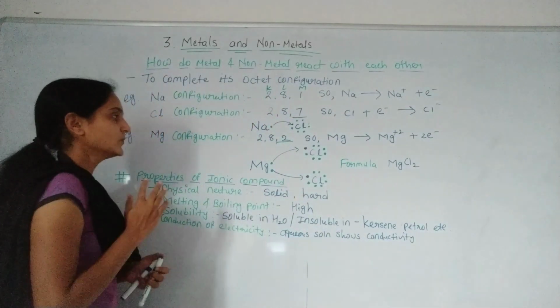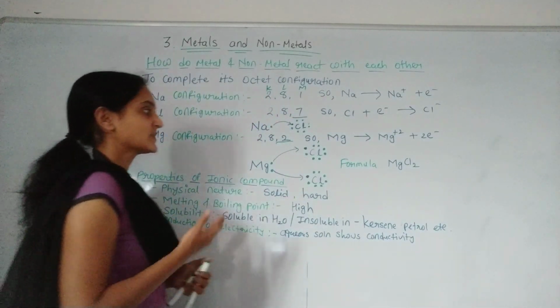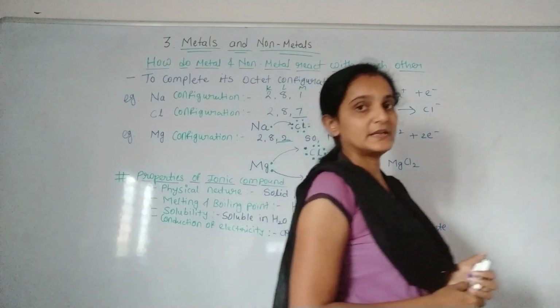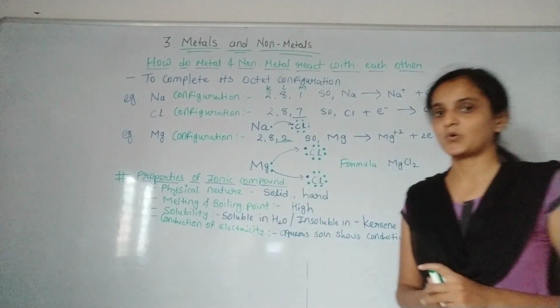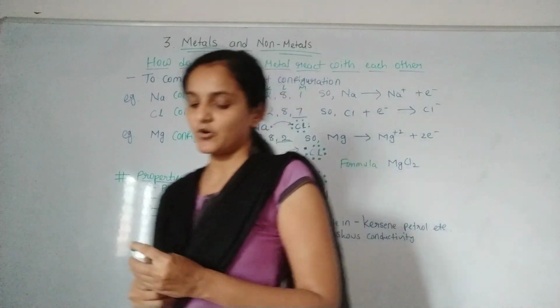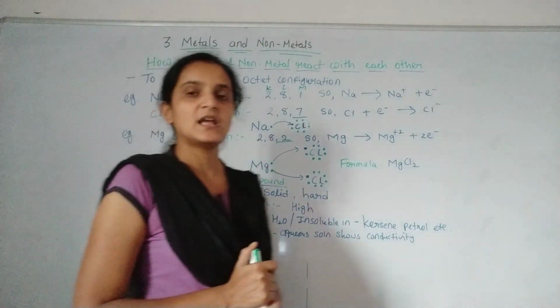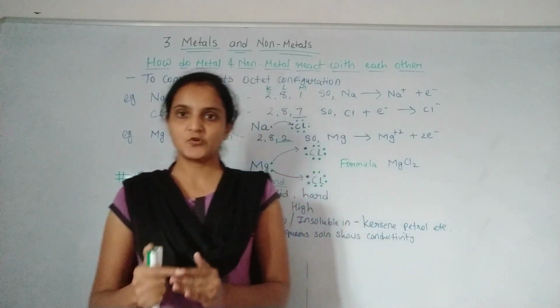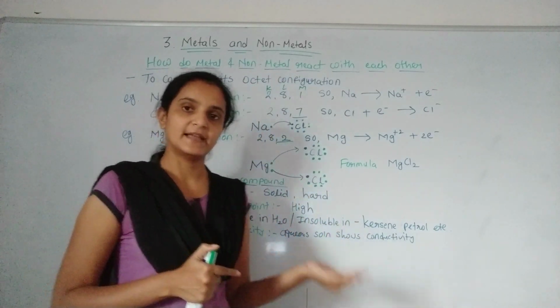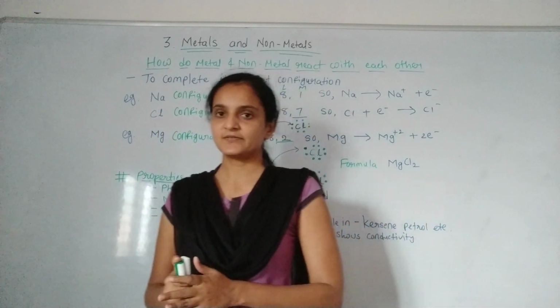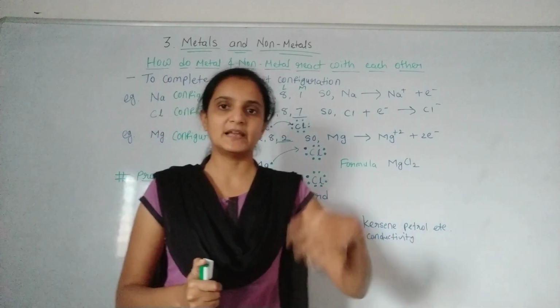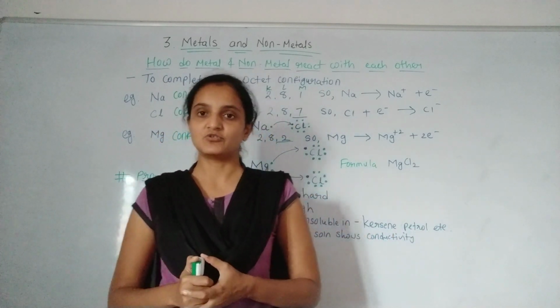Okay. Now we are going to see that this kind of compound is considered an ionic compound. Why is it known as an ionic compound? Because after gaining or donating electrons, they have some charge. Suppose metals donate electrons, they have a positive charge. In the same way, non-metals gain electrons, so they have a negative charge.